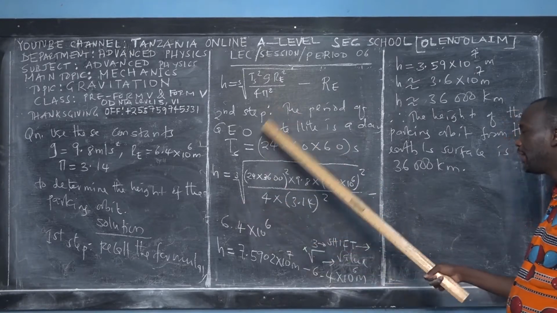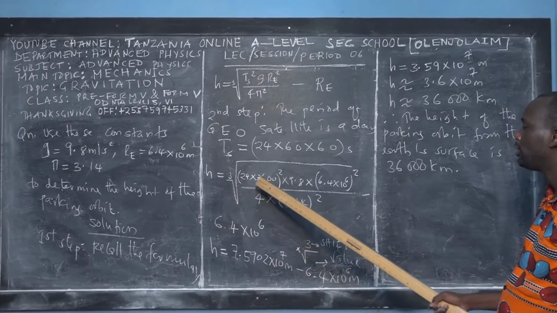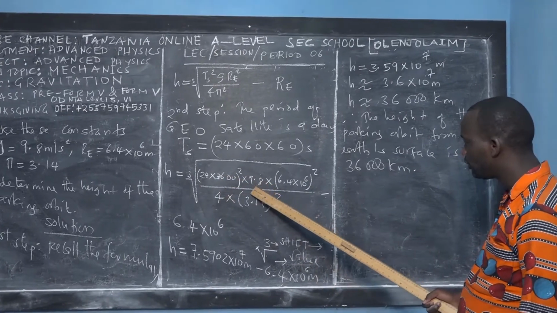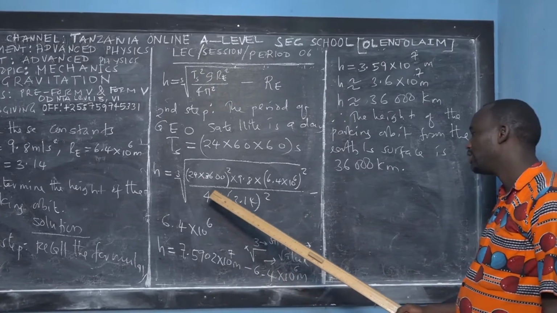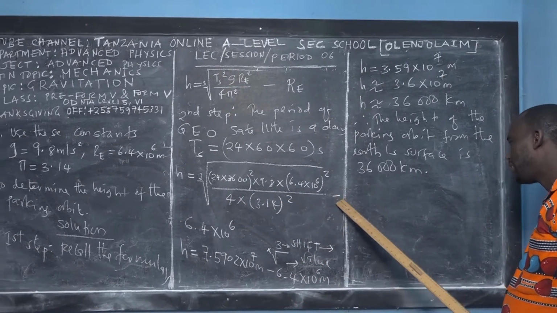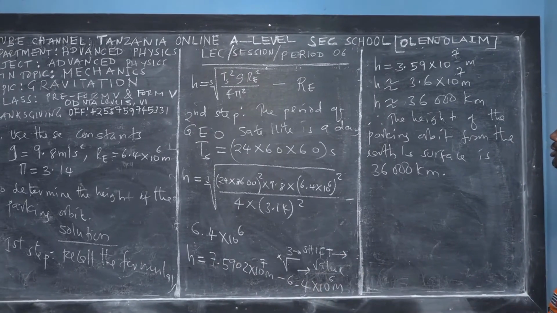So then the height of the parking orbit will be the cube root of period squared times acceleration due to gravity times the square of the radius of the Earth, over 4 times pi squared, minus 6.4 × 10^6.